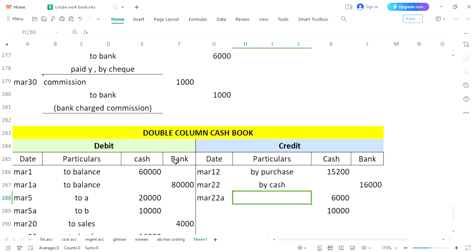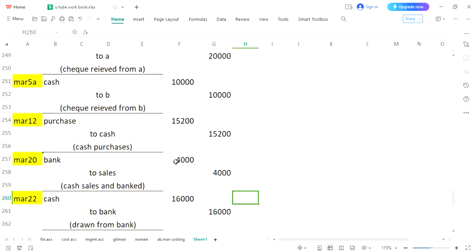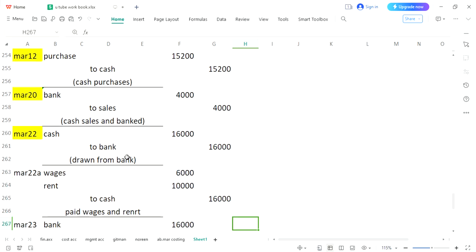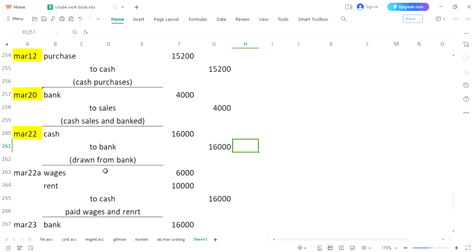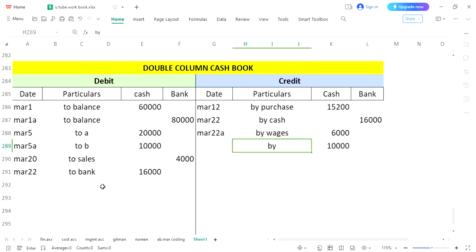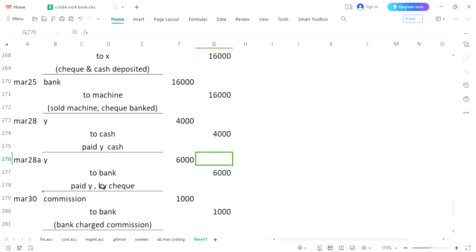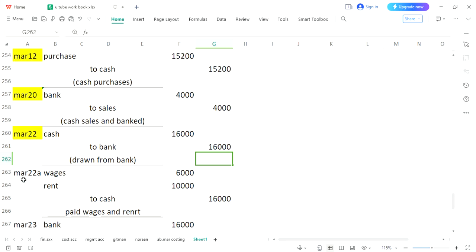For 6,000, see what is your reference. For 6,000 it is wages. So you will write by wages over here, as there were two entries. And for 10,000 you can see reference is rent. So by rent you will post, and for both same date would be mentioned. March 22A has been completed.